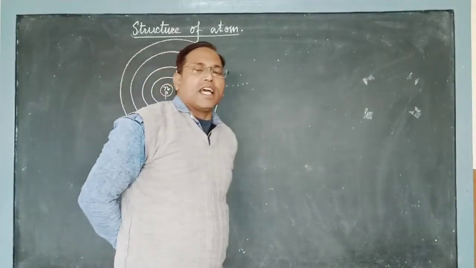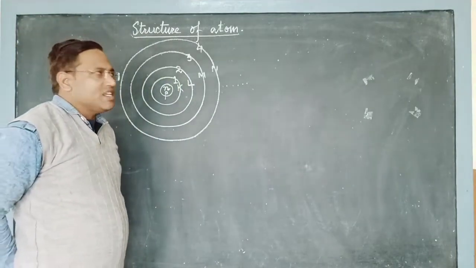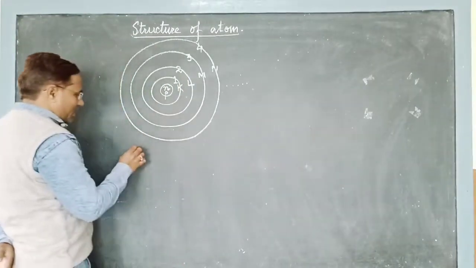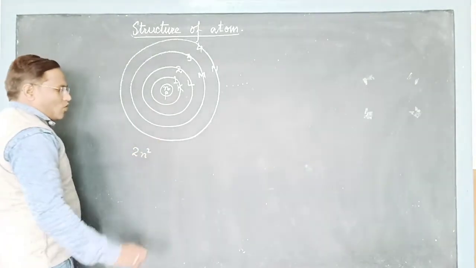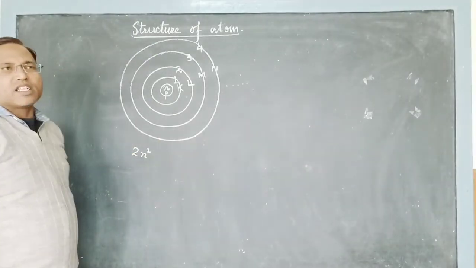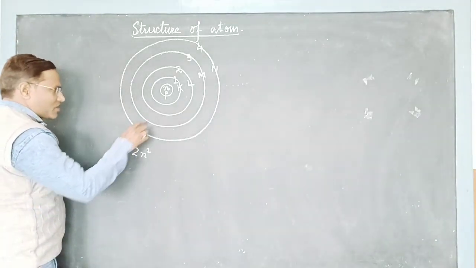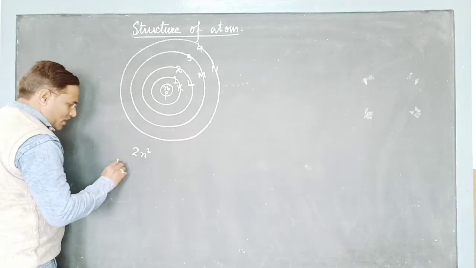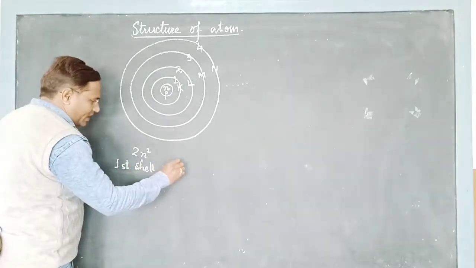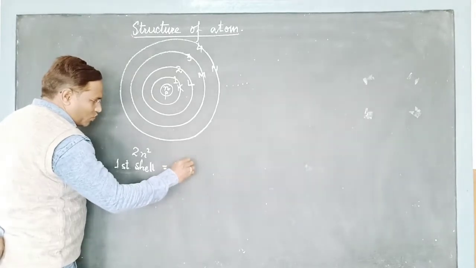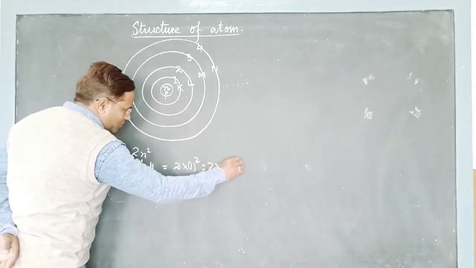How many electrons will accommodate in a shell is given by the formula 2n square, where n represents the shell number. Suppose I have the first shell. In the first shell, the number of electrons is 2 into 1 to the power 2, which is 2 into 1, equal to 2.